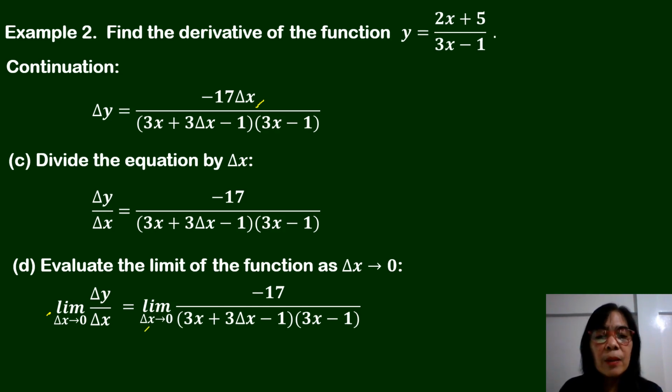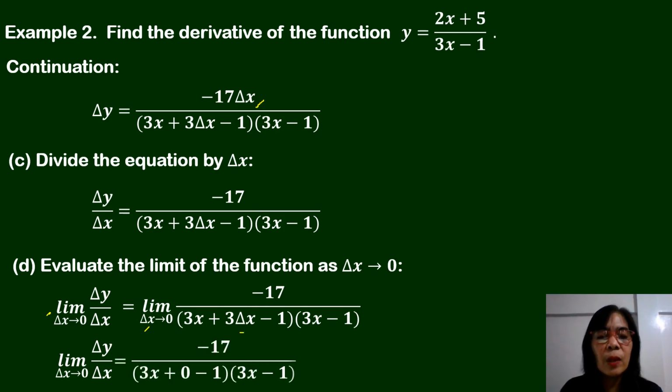Then applying now the theorems on limit, the limit of the function as delta x approaches 0 is obtained by substituting delta x equals 0. So that will give us now negative 17 all over 3x plus 0 minus 1 times 3x minus 1. And in symbol, again, the limit of delta y over delta x as delta x approaches 0 is denoted by the derivative of y with respect to x.